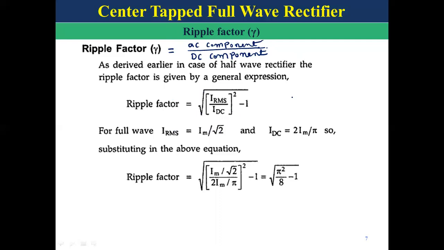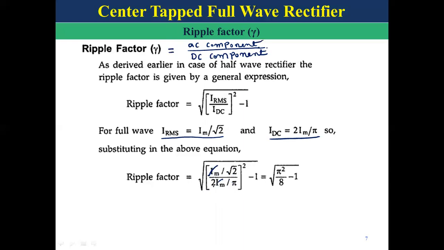So we already calculated IRMS and IDC for the center tapped full wave rectifier. IRMS equals Im by root 2 and IDC equals 2 Im by pi. If you substitute these two values in the general expression, then ripple factor gamma is equal to the square root of ((Im by root 2) by (2 Im by pi)) whole square minus 1.